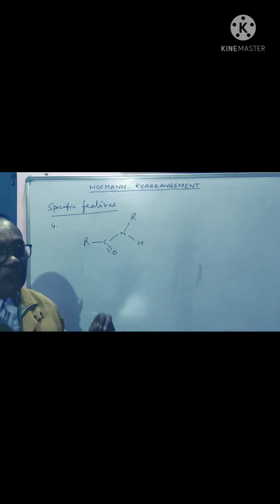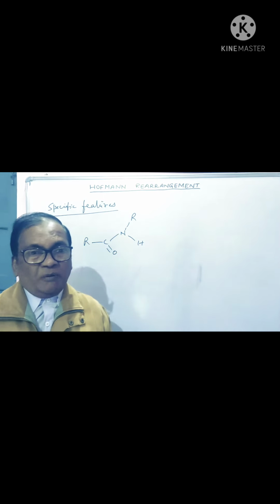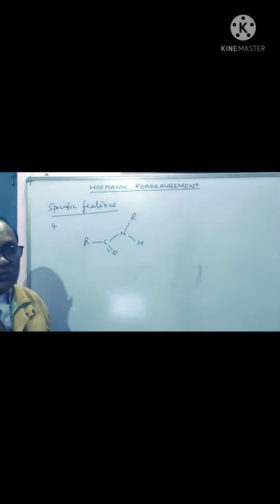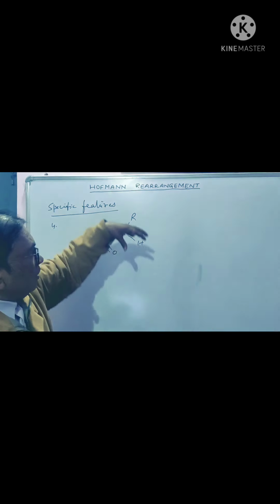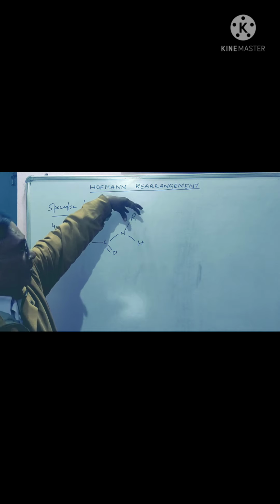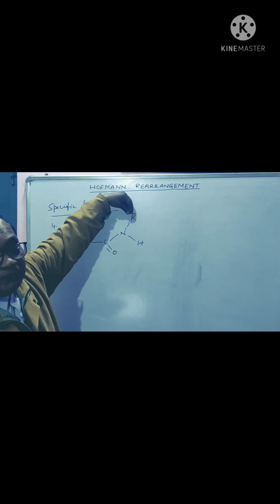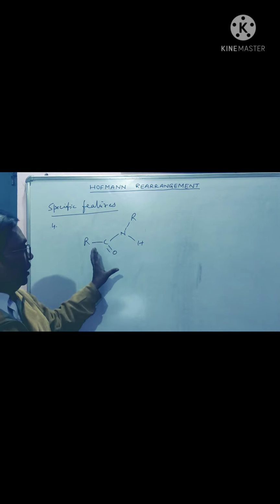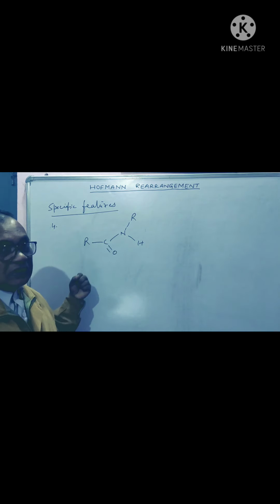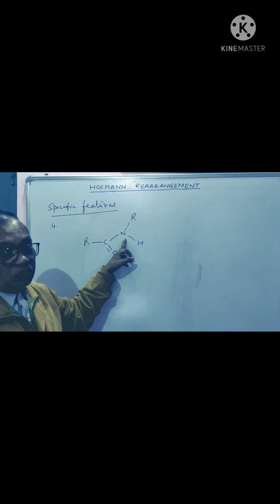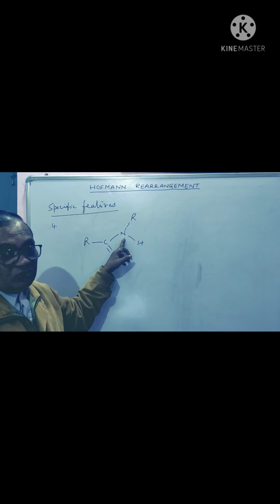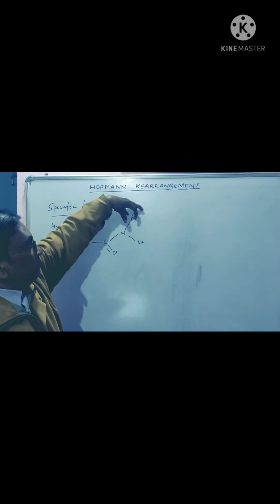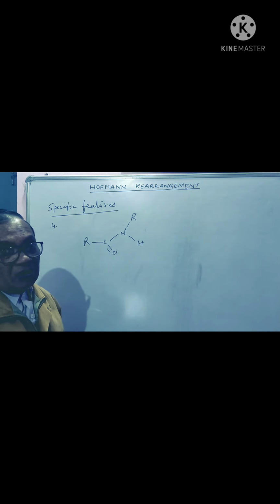This type of amide cannot give Hofmann's rearrangement because this hydrogen is no longer acidic. Because the alkyl group is here, it will pump the electron pair, and the positive charge on nitrogen due to this carbonyl group is reduced by the electron pumping nature of the alkyl group.